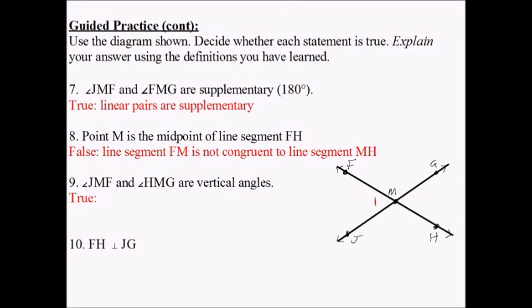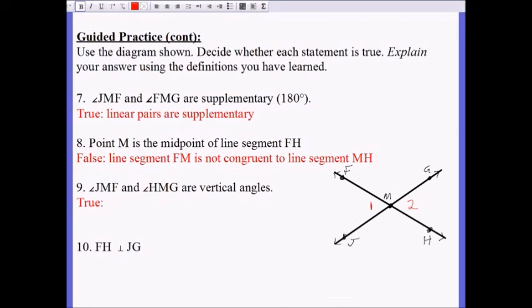Here's our first angle, here's our second angle, same midpoint, and they are making two straight lines. That's the definition of vertical angles.